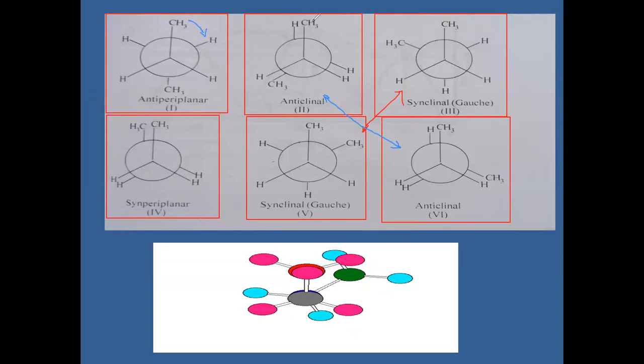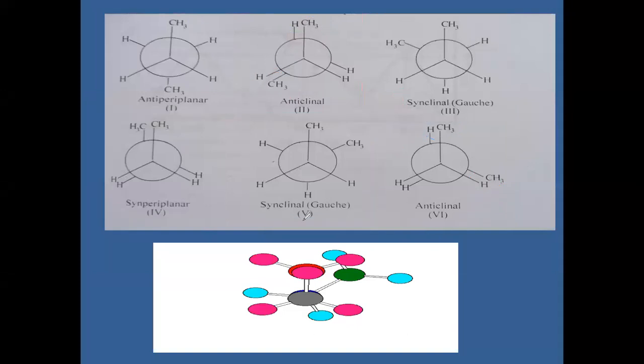Because as you can see here, there is a methyl group hiding a hydrogen. So here also this methyl group hides a hydrogen, right? And in this case, a hydrogen hides the methyl group. So here also a hydrogen hides the methyl group, right? So that's why these are same.